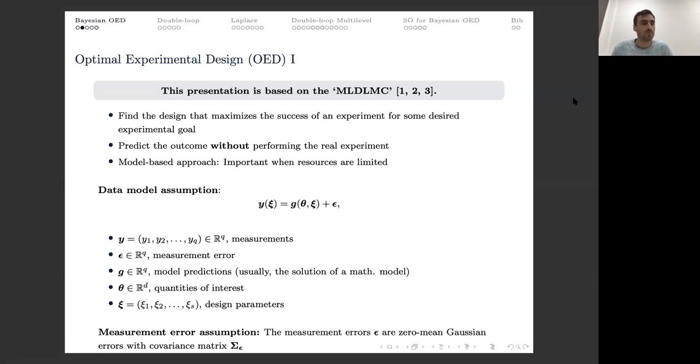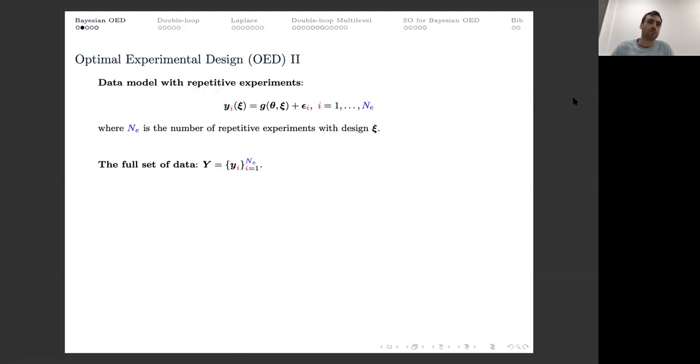And so if you think of a physical problem, theta is actually a deterministic variable, but given the lack of knowledge we have on the problem, we think of theta as a random variable because we want to recover it. And of course, this experiment can be done many times, and we can have repetitive experiments.